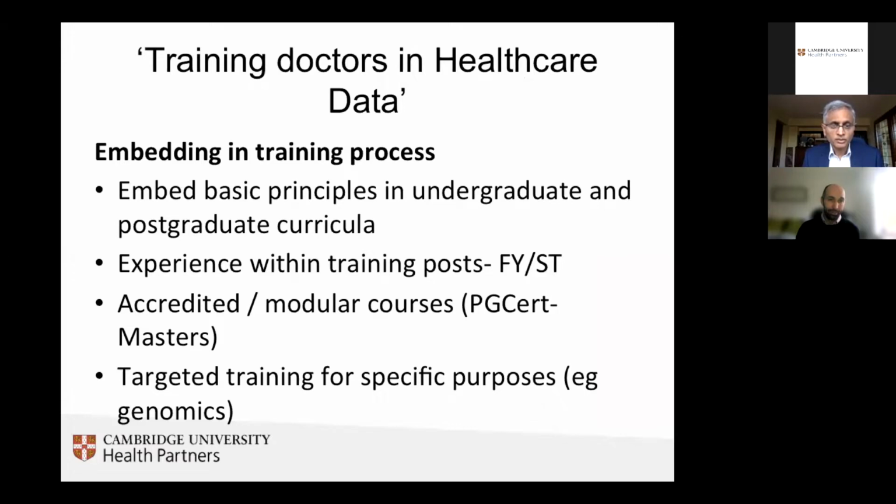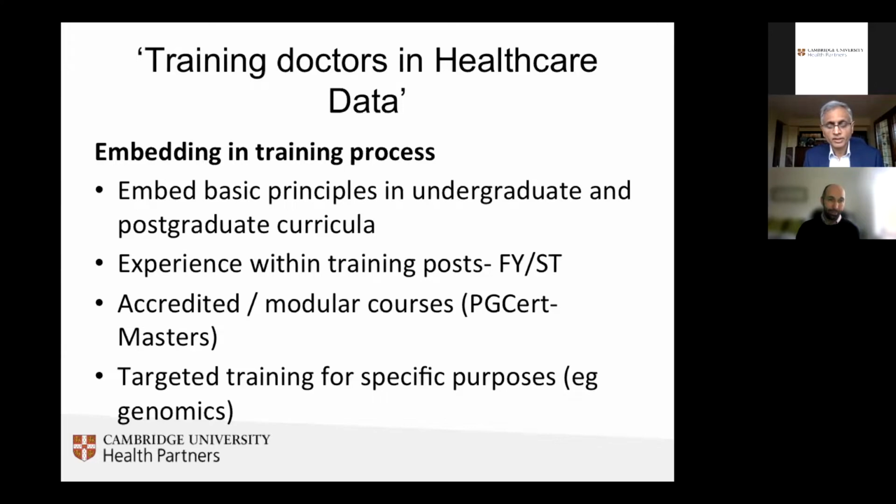As data is going to be part of all our healthcare workers' lives, we need to make sure that we train people in using it and understanding it. For our future doctors, I think that has to be embedding it in undergraduate curricula. And then I think colleges and specialty groups will need to decide how that gets embedded into postgraduate curricula as well.